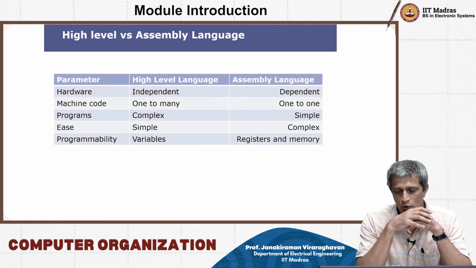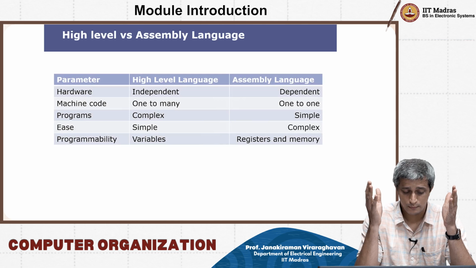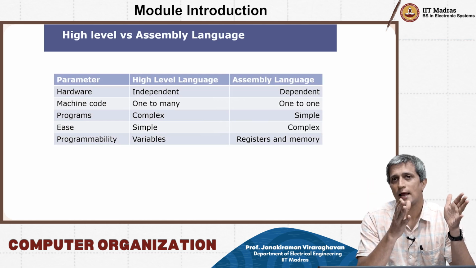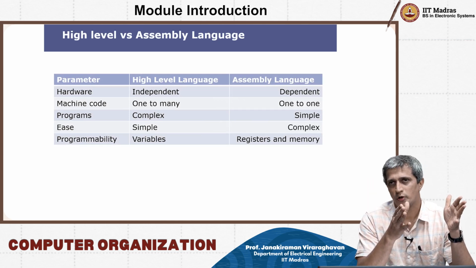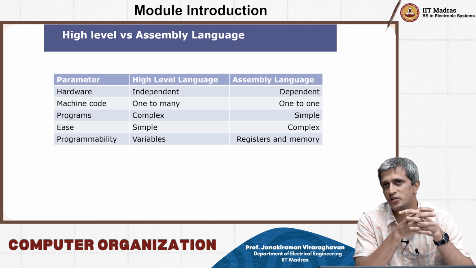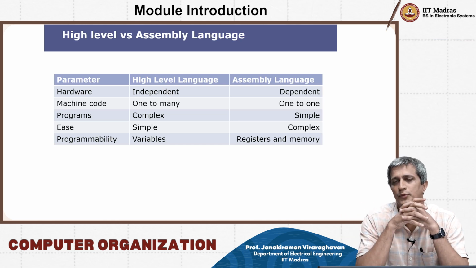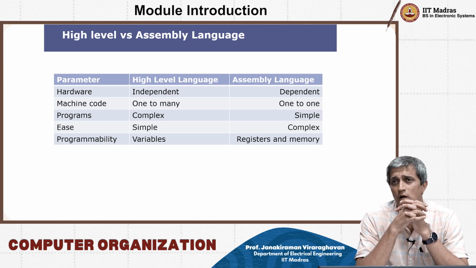So what am I first of all talking about? I am talking about a high level language like C. C, C++, all these languages are high level languages. And on the other side, I also have something known as assembly language. What is assembly language?